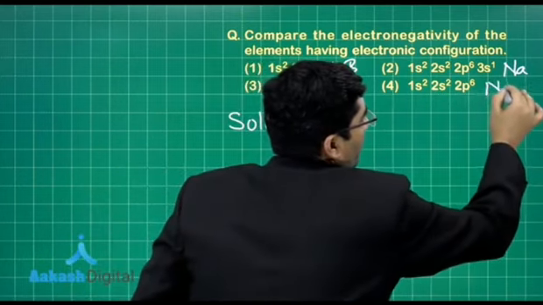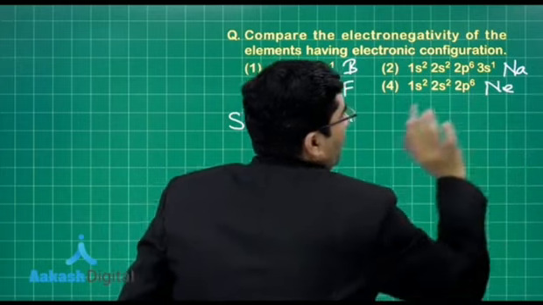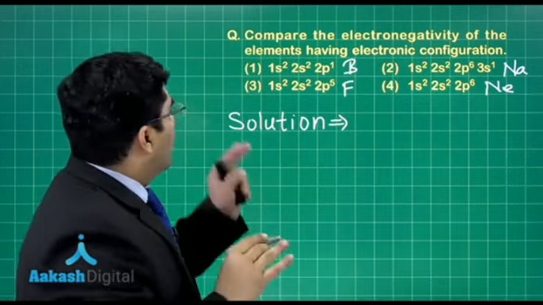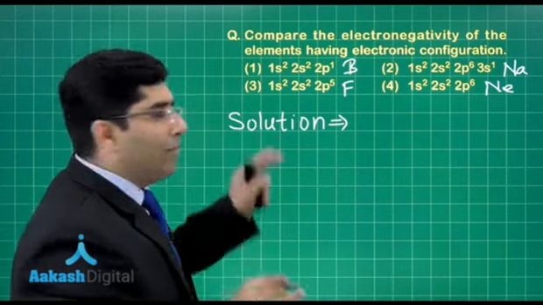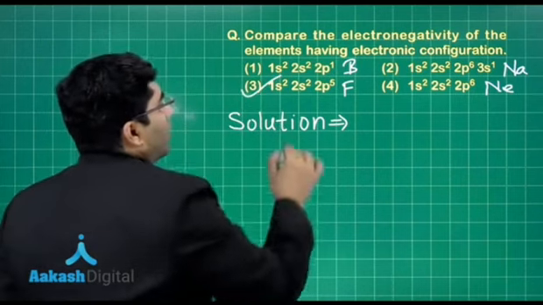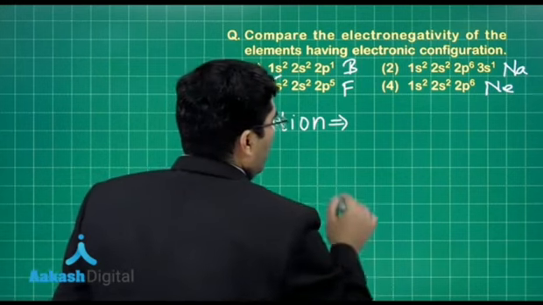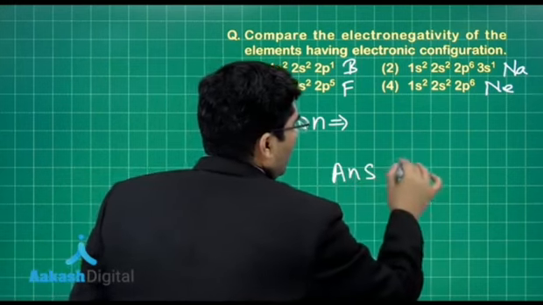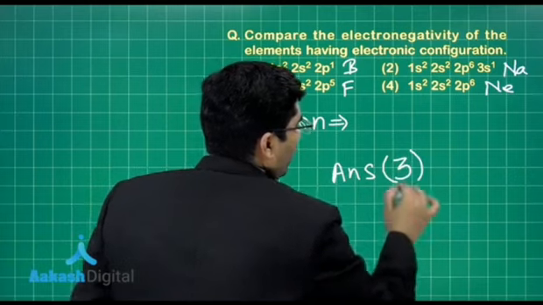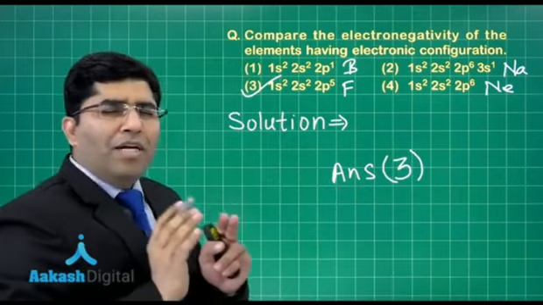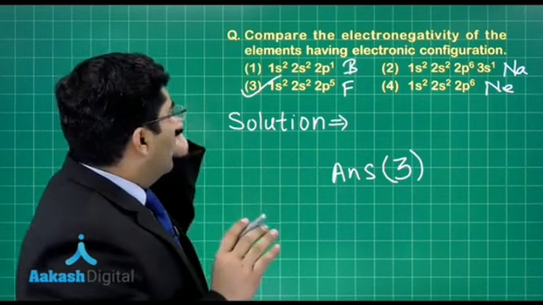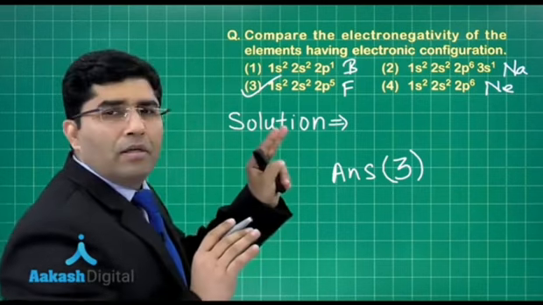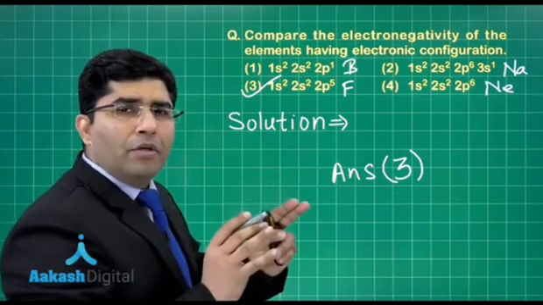Now we know that fluorine is most electronegative. That's why this is the answer. So the answer is third. No need to look at the electronic configuration. Just write the element. And when you write the element, you will get the answer automatically.